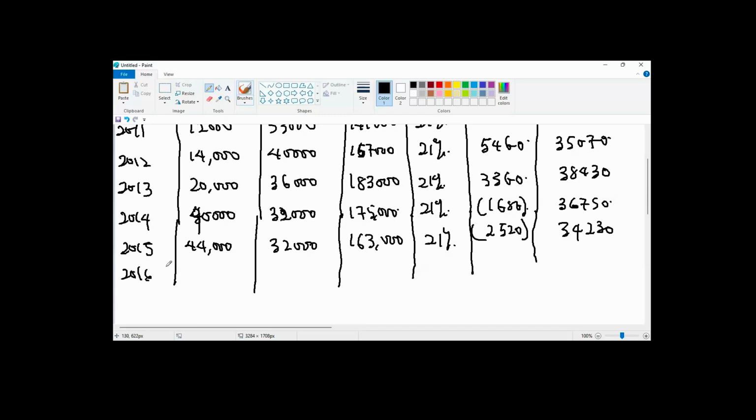2016: 46,000 and 36,000, also a credit as well. That's where you credit 10,000. We have 1, 2, 3, 4, 5, 6, 7.